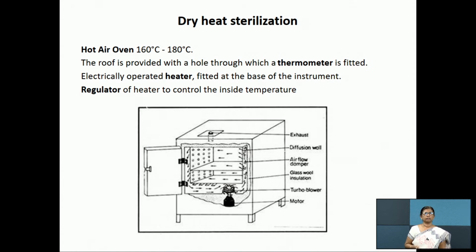For heating purposes, there is an electrically operated heater fitted at the base of the equipment. This picture shows the hot air oven, which has the heater at the bottom as well as the thermometer at the top, and also there are many racks where you can keep all the glassware or any other materials wrapped in aluminum foil.